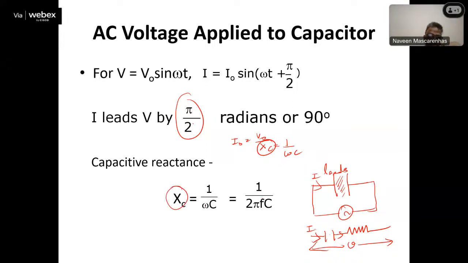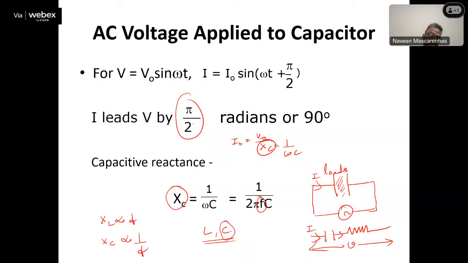What is important to note is, last time we said XL is proportional to F. But XC is not proportional to F, but inversely proportional to F. That means both coil and capacitor oppose AC, and that's how they have reactance, no? But the reactance nature is different.